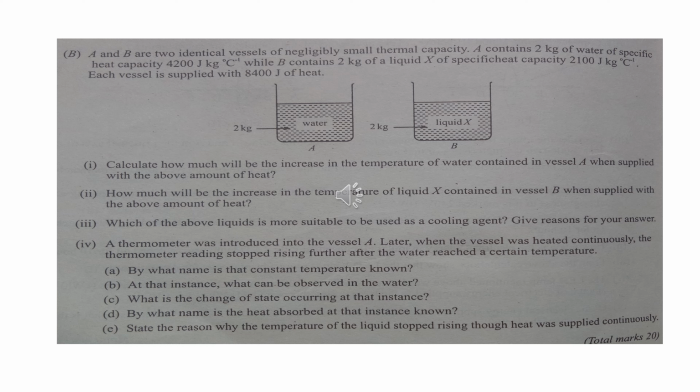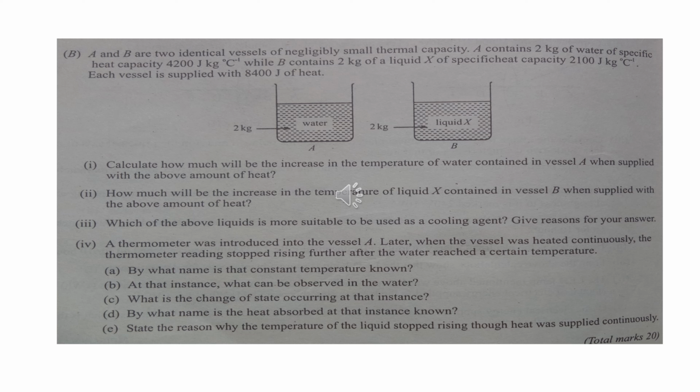By what name is that constant temperature known? The temperature at which a liquid starts to boil is known as the boiling point. In water, the boiling point is 100 degrees Celsius.